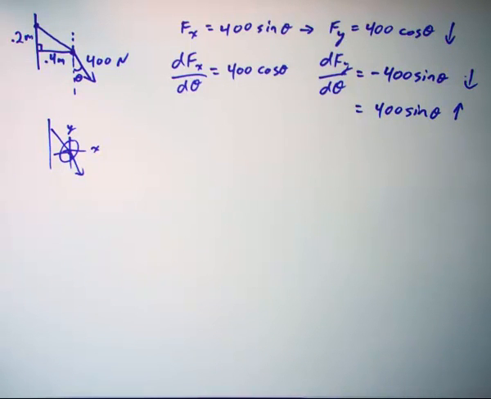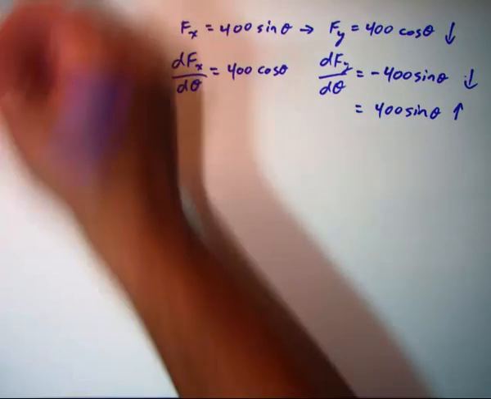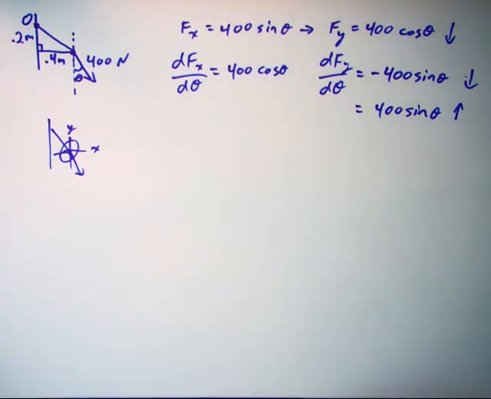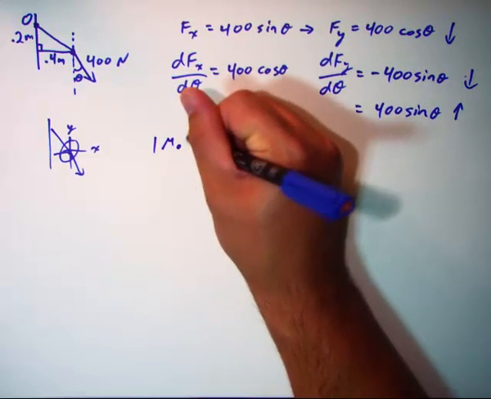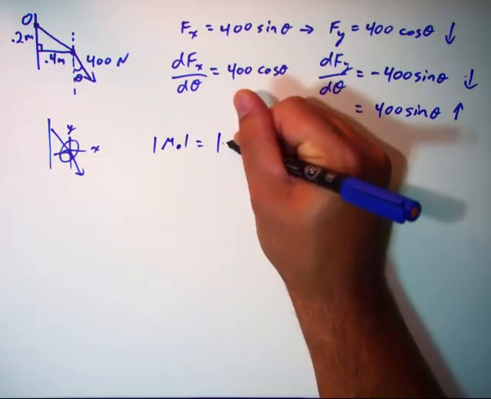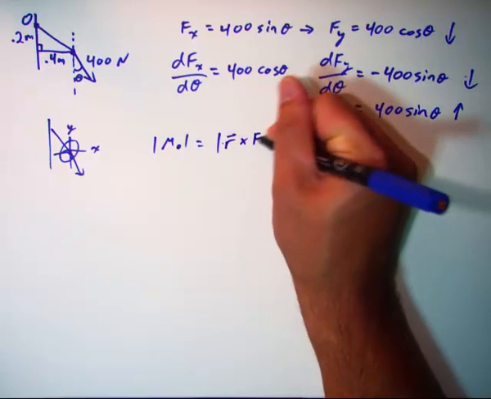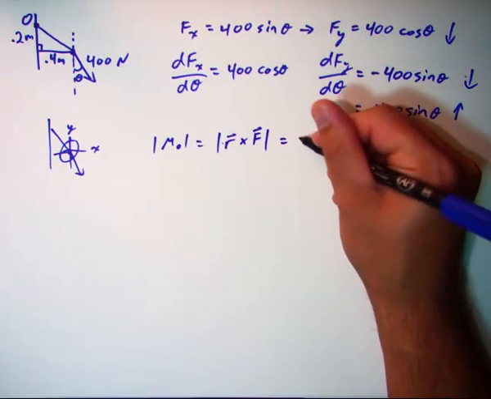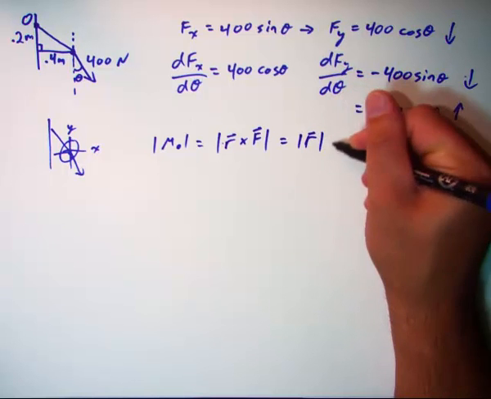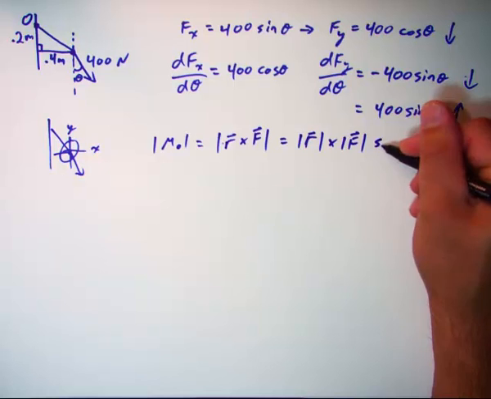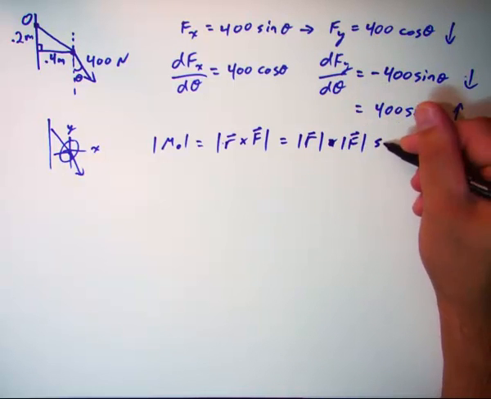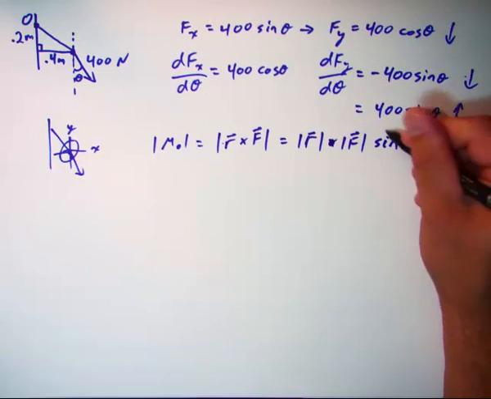This section of the book deals with the moment about the point right over here, which we label O. So if we wanted to look at the moment, be very careful there. The initial instinct is to say that the magnitude of the moment is the magnitude of r cross f, and that's equal to the magnitude of r times the magnitude of f, and then the instinct is to say that this is sine theta.